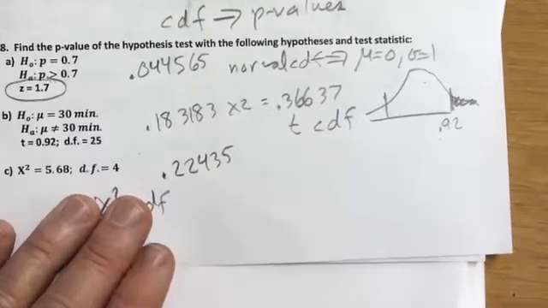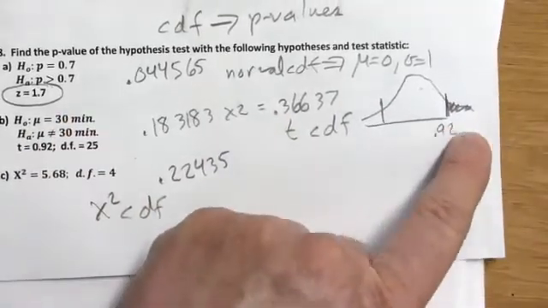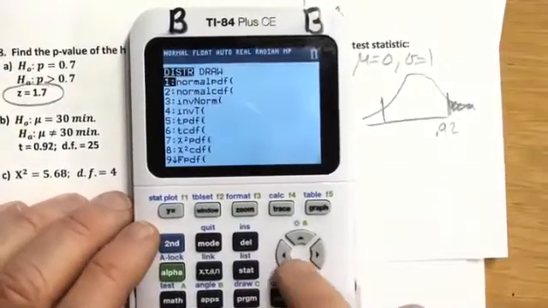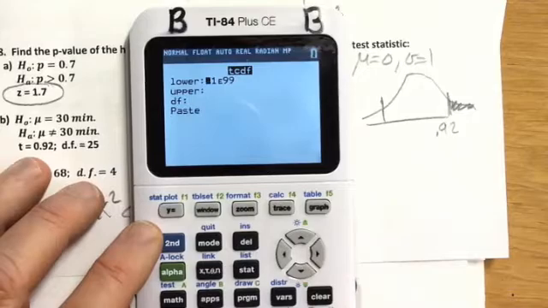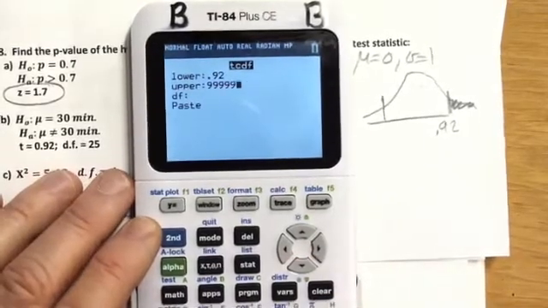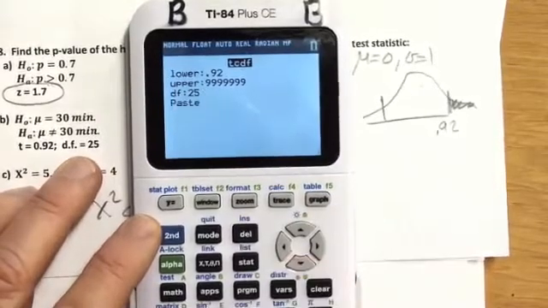All right, so we'll do t-CDF for t, and we are going to go greater than. So we shall say second distribution. So we're going to go t-CDF, and so we are going to go 0.92 to infinity to be outside of that. And our degrees of freedom is 25. And so we got that.